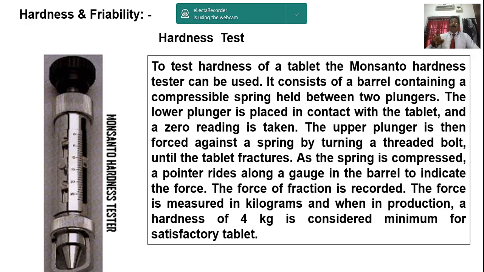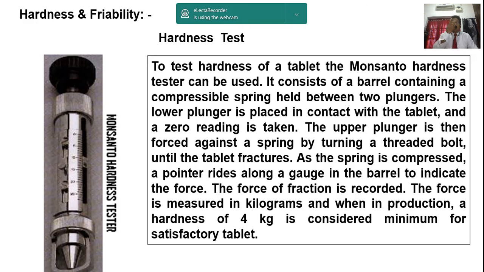The upper plunger is then forced against the spring by turning a thread bolt. You can see a black thread bolt at the top, and you keep turning it until the tablet fractures. As the spring is compressed, the pointer moves along the gauge in the barrel and indicates the force of fracture. The force of fracture is recorded.